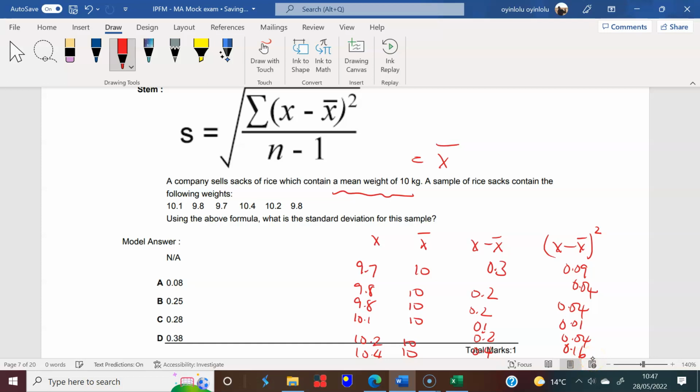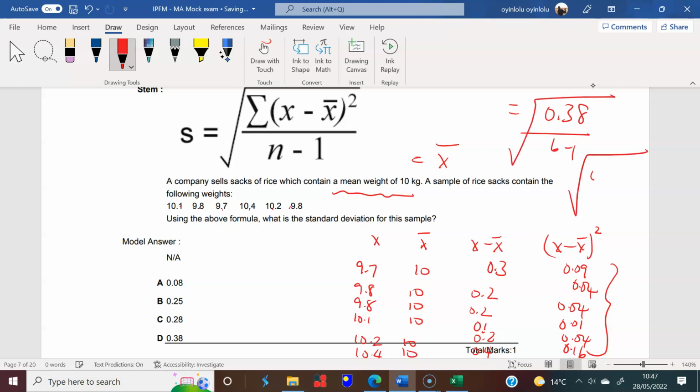So let's add all this together, as this is telling us to do: 0.09 plus 0.04 plus 0.04 plus 0.01 plus 0.04 plus 0.16, which equals 0.38. Divided by n, the number of items, which is 6, minus 1, and then we find the root of that.